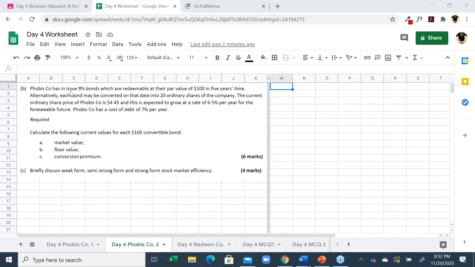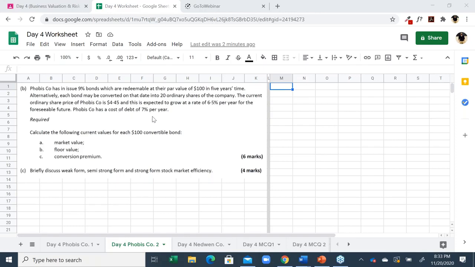Forbes company has in issue 9% bonds which are redeemable at their par value of $100 in 5 years time. Alternatively, each bond may be converted on that date into 20 ordinary shares of the company. The current ordinary share price of Forbes company is $4.45, and this is expected to grow at a rate of 6.5% per year for the foreseeable future.